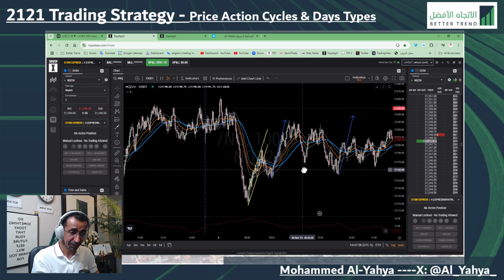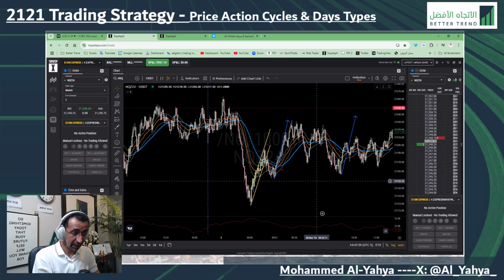So in here, we see the control is taken by buyers here, after the sellers took it there. So look for the low between this area. That is the start of the price action.